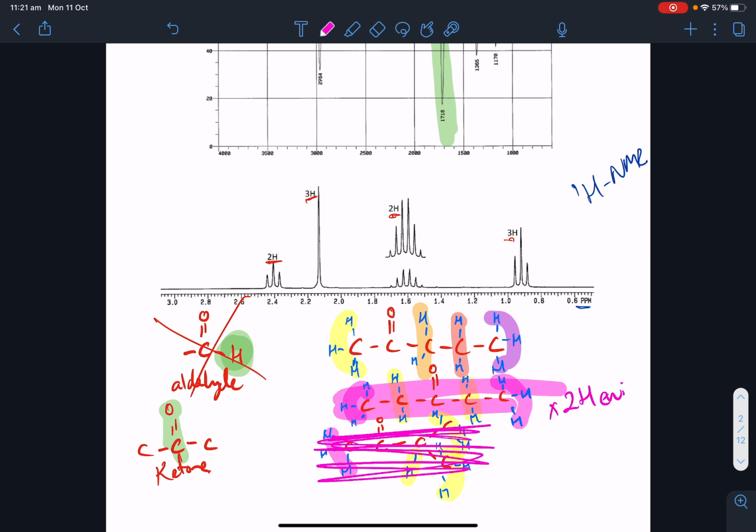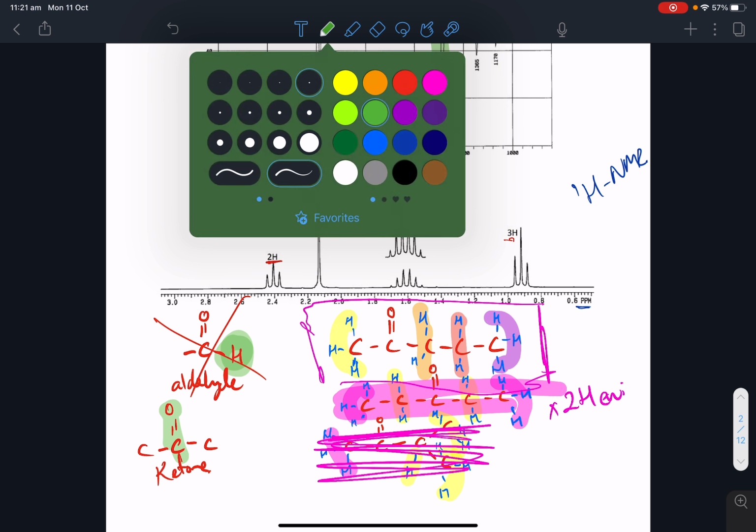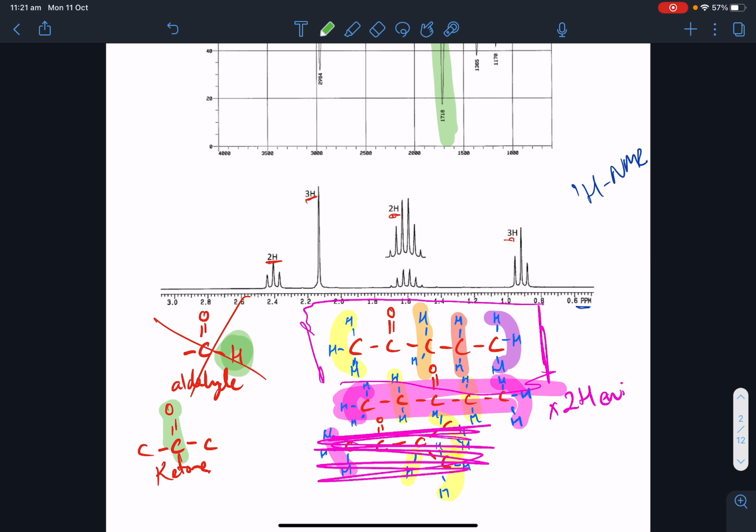So the only option that we have is this one here up the top, and let's just check with our multiplicity and our positioning here to make sure that we have got it right. Okay, so we can assign which peak goes to which one. I'm going to use green here, I don't know why. Okay, so we've got 3 hydrogens that have 0 neighbours on the carbon next to it.